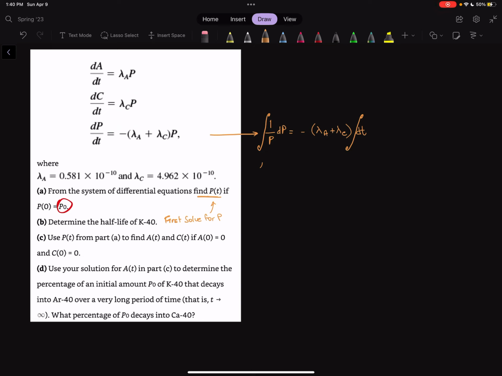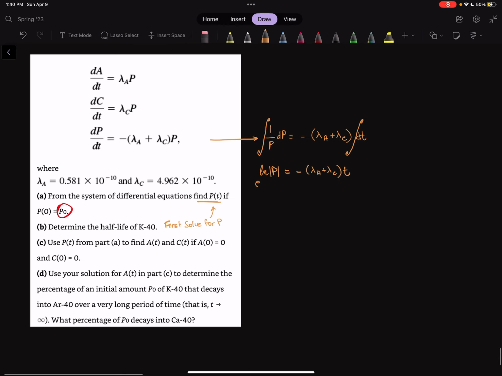Now, this will be ln of the absolute value of p, and that's going to be equal to negative lambda a plus lambda c times t. Now, if I exponentiate both sides of this, I get, so natural logarithm tells you the number that I need to raise e to get to the argument, in this case p.